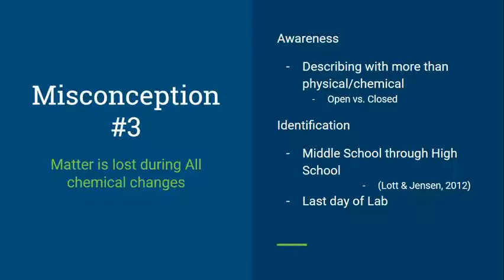Because the lab, again, is structured enough so that some of the physical changes lose mass and some of the chemical changes lose mass. And so the big culminating discussion of this whole week is them being able to differentiate an open physical system, a closed physical system, an open chemical system, and a closed chemical system.